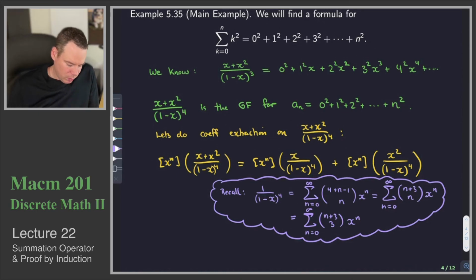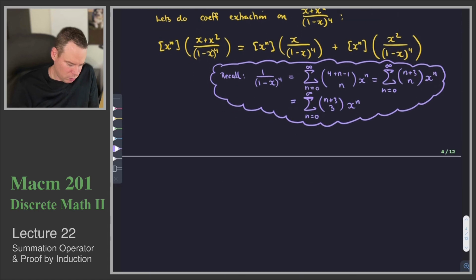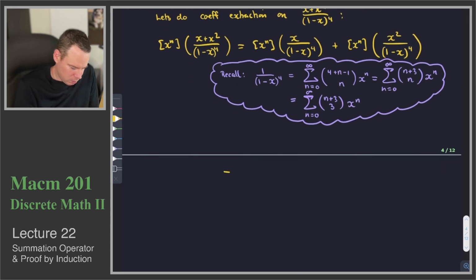Now, having that, we can go ahead and do our coefficient extraction. So what is our coefficient extraction? Well, I'm interested in the coefficient of x to the n of this. But because of that extra factor of x on top, I'm really interested in the coefficient of x to the n minus 1 of 1 over 1 minus x to the 4th.